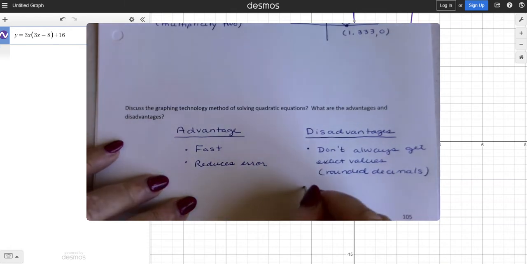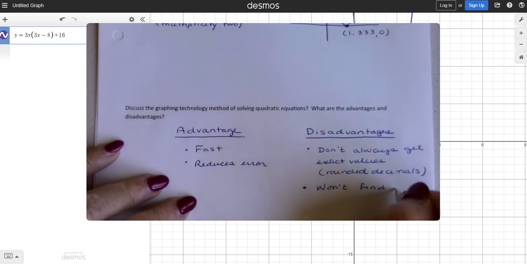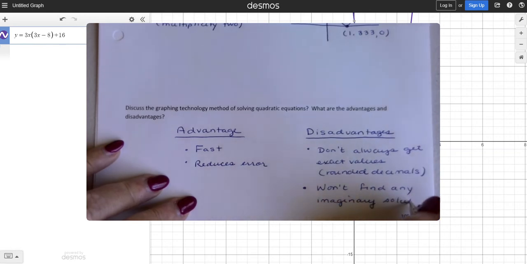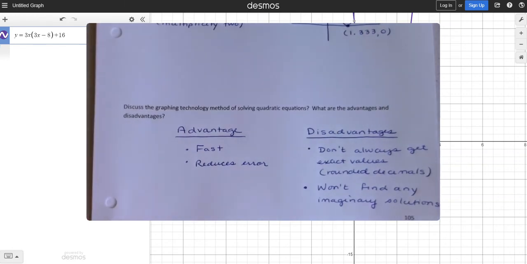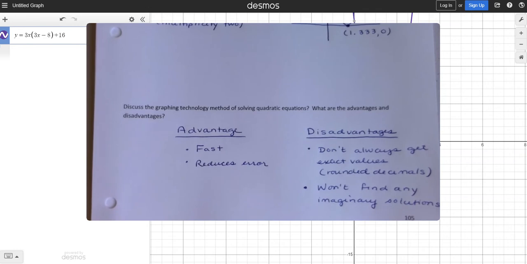And we aren't going to find imaginary solutions this way. So if we are going to use a graphical method of solving, we need to be sure that those two things aren't important to us. And if they aren't, they're not always, then a fast, relatively low error method is a great one to have.